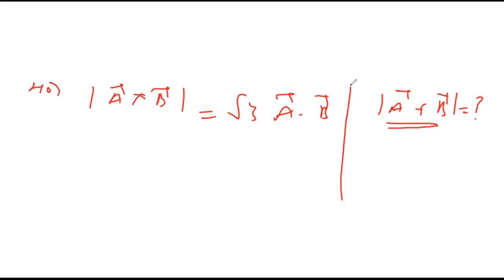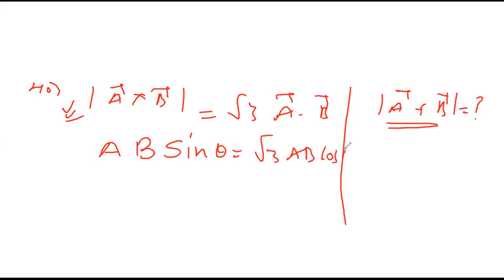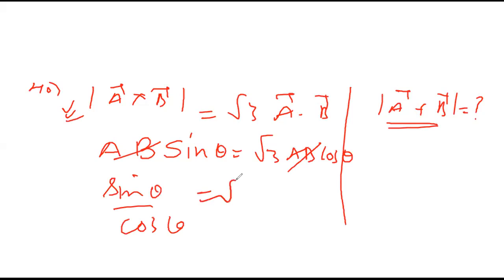And to get the angle, this condition is given. This is AB sin theta and this one is AB cos theta. A, B cancel. Sin upon cos is √3. Tan theta is √3. Theta equals 60 degrees.